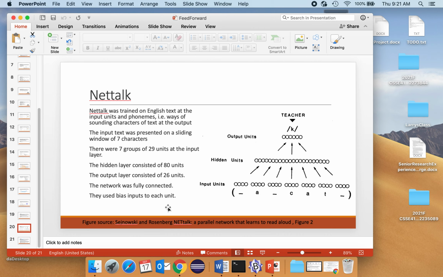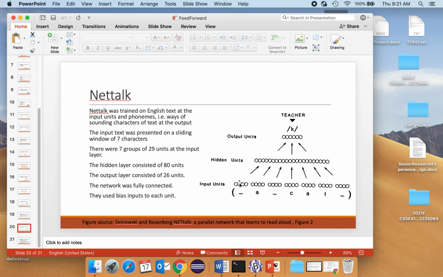The input text was presented on a sliding window of 7 characters: 1, 2, 3, 4, 5, 6, 7. That provides the context. Right now we want to learn how to properly pronounce C in this context, and it's cat, right? That's why we have the sliding window. Next time around, we'll learn A, and as you may know, the way we pronounce characters depends a little bit on the context.